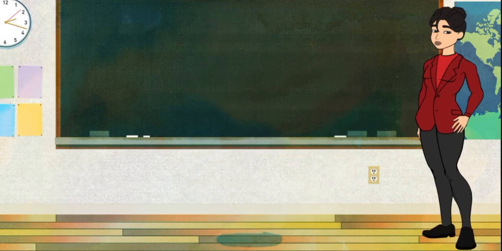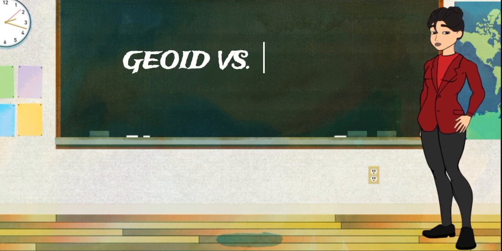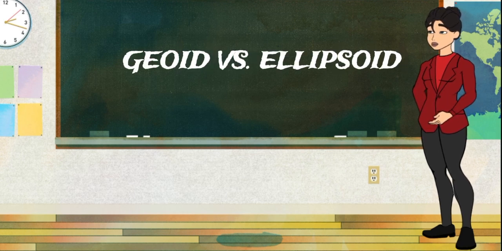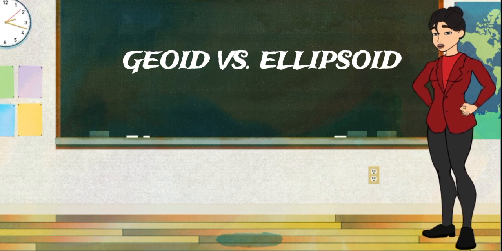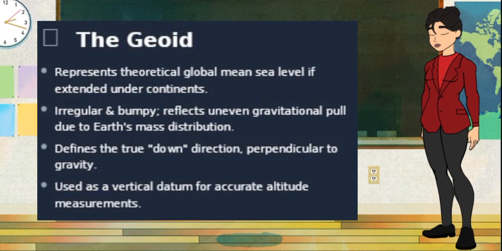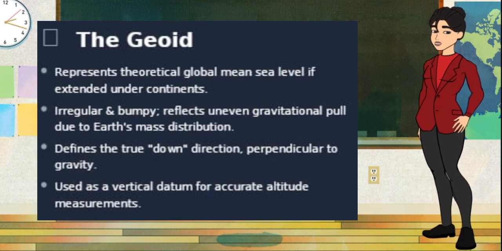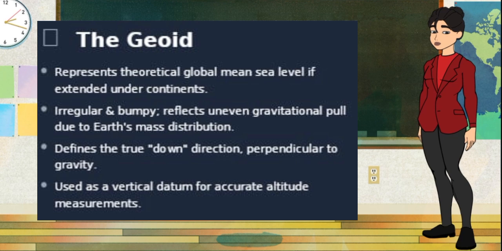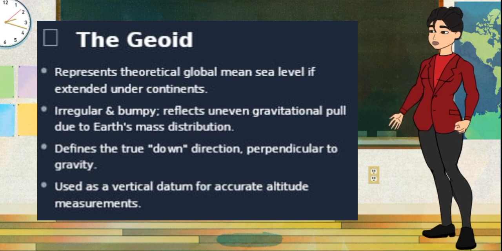So now we're going to define the geoid and the ellipsoid. For information, everyone, the geoid and the ellipsoid are Earth models. When we say the geoid, it represents the Earth's true gravity-based surface.